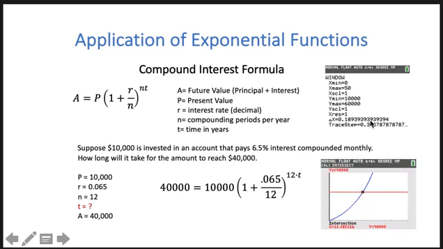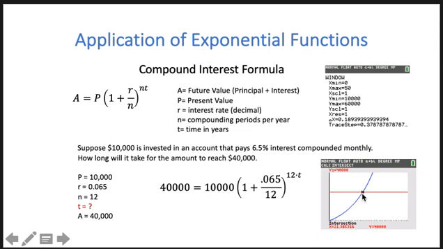And with those adjustments to the window, this is the picture I see. The blue graph is what we have on the right, and the red graph is what we have on the left, right? This is y equals 40,000. This is y equals 10,000 times 1 plus 0.065 over 12 to the 12x power.